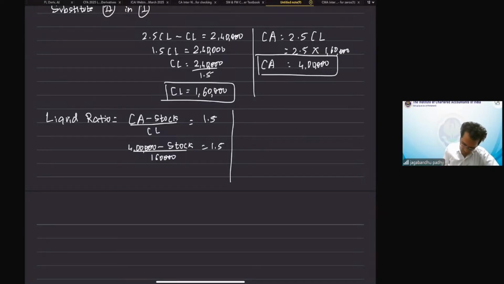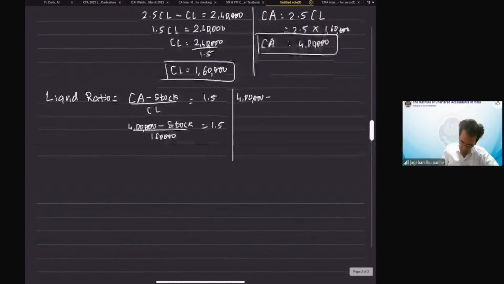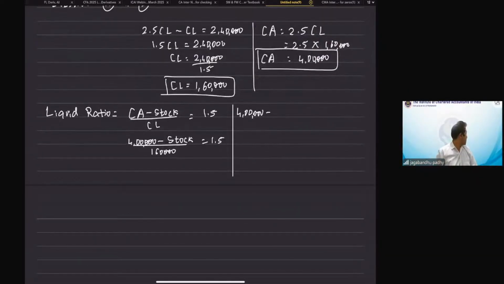We can say that this is 4 lakh minus stock is equal to 1 lakh 60 into 1.5, which will be, of course, 2 lakh 40,000.